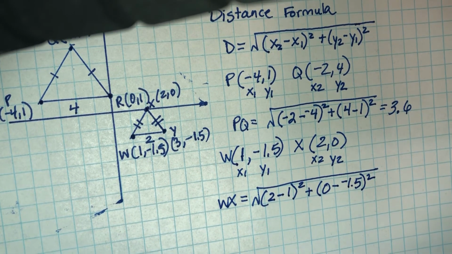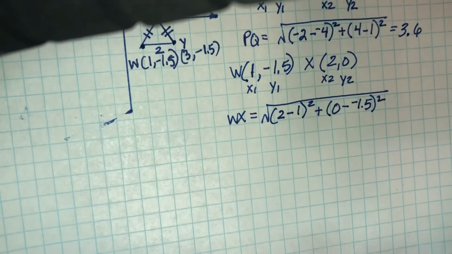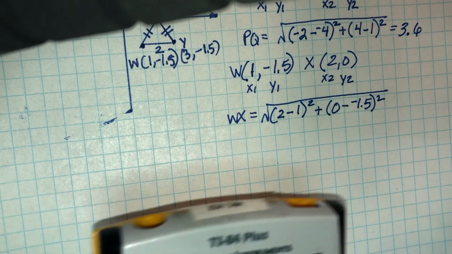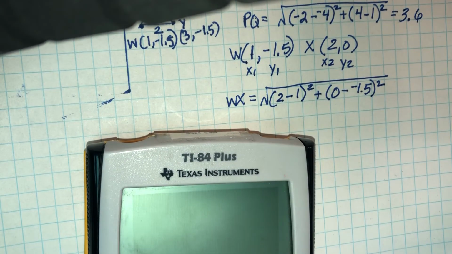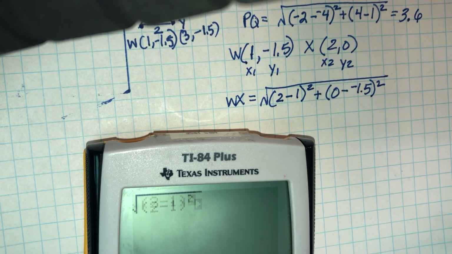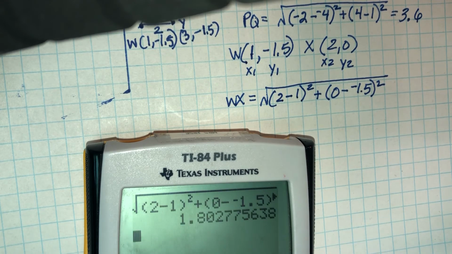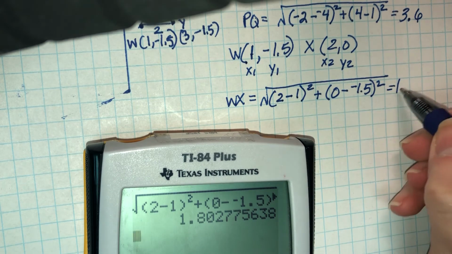And now we are going to put that into the formula. Square root of 2 minus 1 squared plus 0 minus negative 1.5 squared. And that gives us 1.8.